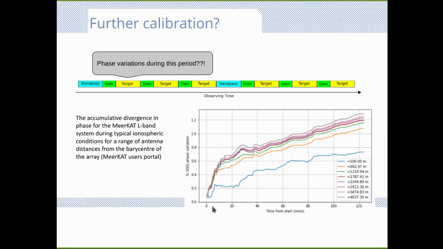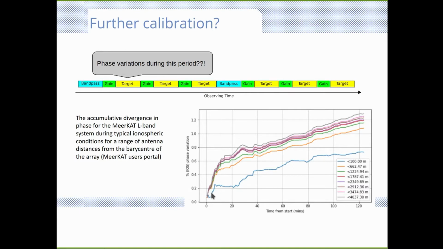That essentially phases up the system, right? So I'm doing exactly the same here. I'm solving for solutions here at point 0. Then I apply it and I solve for solutions as we move along. And the spread of those solutions compared to the first solutions is what is plotted on the y-axis. I plot the interquartile spread just to get rid of any outliers.